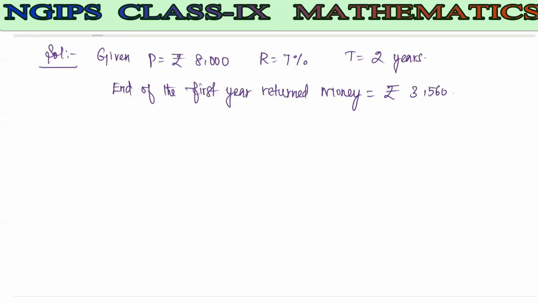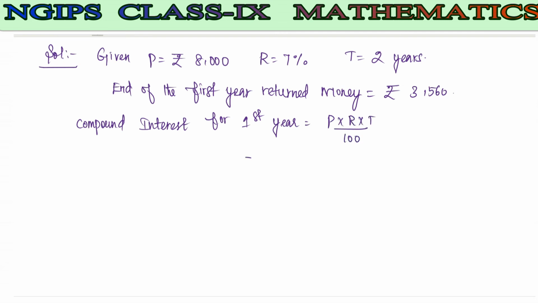Now first I am going to find the compound interest for the second year. Before that, first we have to find the leftover amount at the end of the first year. So compound interest for first year is equal to principal into rate into time divided by 100.